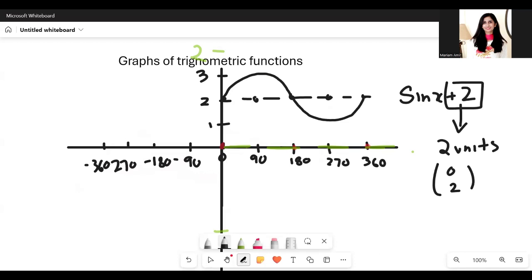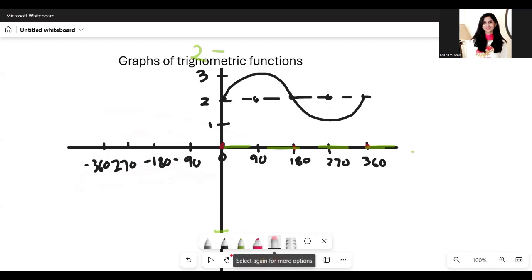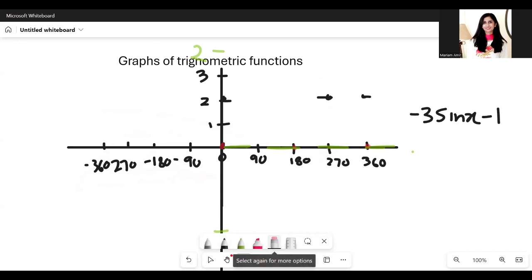Okay. Next, we will be discussing the graph of, let's say, -3 sine x, -1. So, -3 sine x, -1. Okay, so now again, the graph is going to reflect in the x-axis.